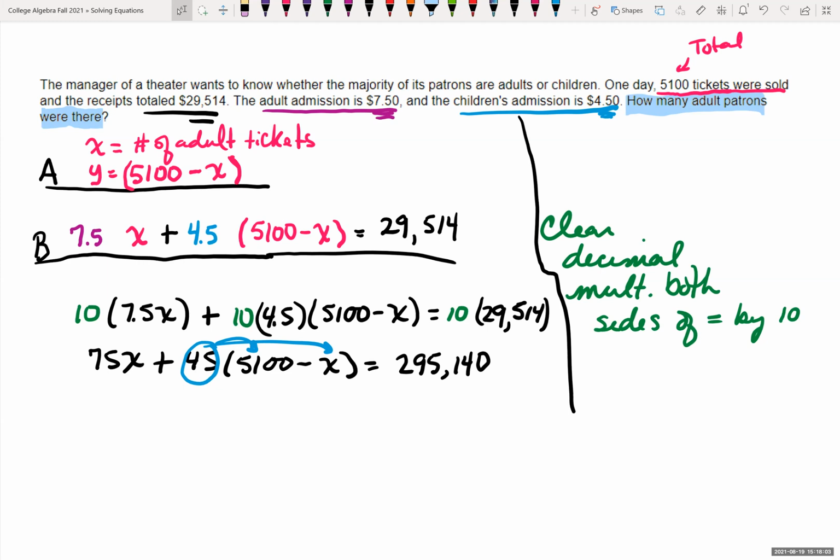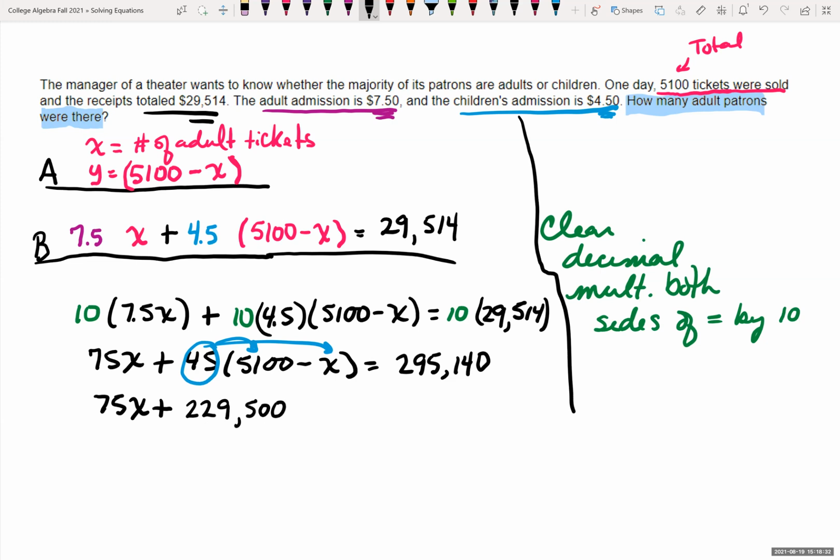Good question. So distributing this 45, I'm going to first bring down that 75X plus 45 times 5,100. I do expect that you know how to do that without a calculator, but you can use calculators on the homework and on the end of the chapter test, but you may not be able to use one in an in-class test.